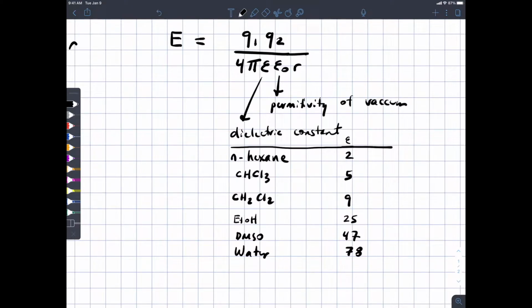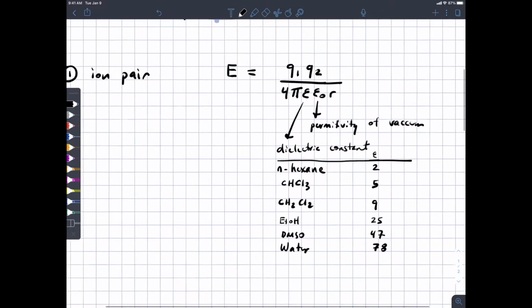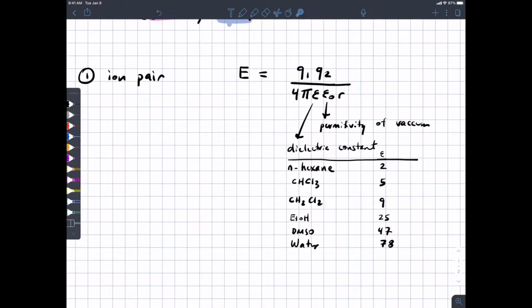So this gives you a sense for in what contexts ion pairs are going to be significant versus insignificant. And this is why, for example, you can dissolve salt in water but not hexane. In hexane, the space between the two charges isn't enough, or rather the identity of the molecules that would surround the individual ions are such that the ions still feel each other quite strongly, whereas that's not the case in water.